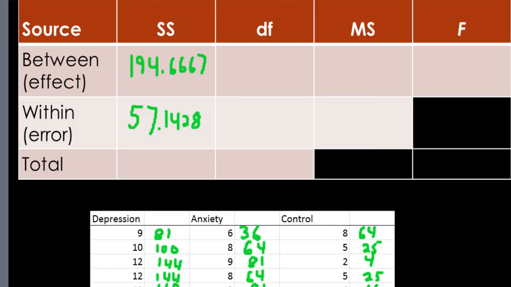Degrees of freedom between is the number of groups minus 1. So that'll be 3 groups minus 1, so we'll have 2 as our degrees of freedom between. Degrees of freedom within is total sample size, which here is 21, minus k, which is the number of groups. So our degrees of freedom here are 18.